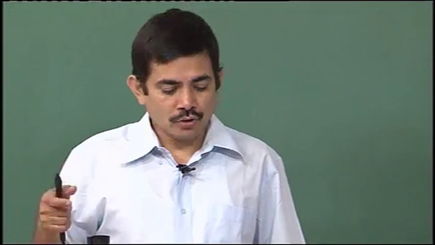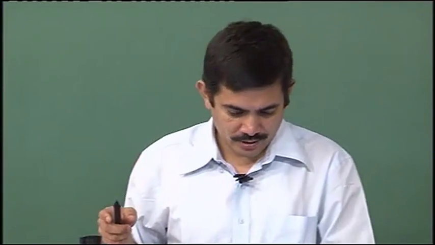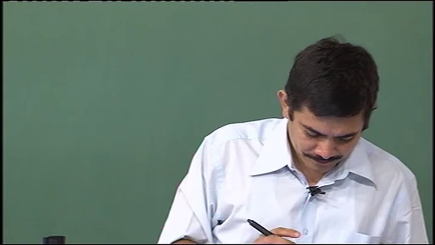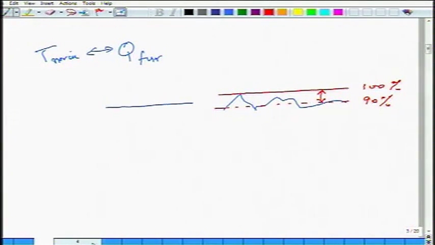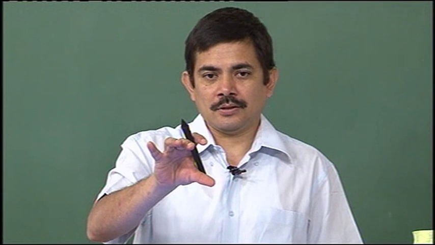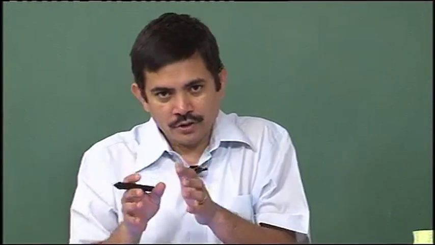Okay, so now let's go back. What are we saying? One, how do you get tight control? Tight control will happen if the MV is close to the CV. Yes or no? If the manipulated variable is close to the variable to be controlled, then the dynamics would be fast.